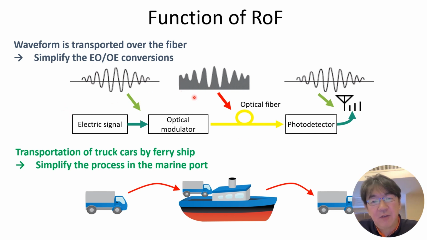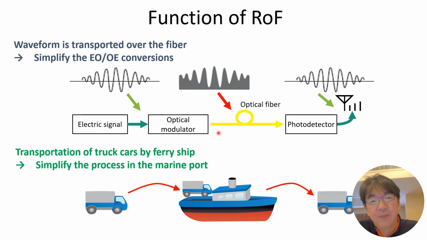By using radio over fiber, we can simplify the configuration in the OE and EO conversion system. If we cannot use the waveform transfer over the fiber, we have to have complicated signal processing function at the border of the transmission media, I mean the electric signal and the optical signal.